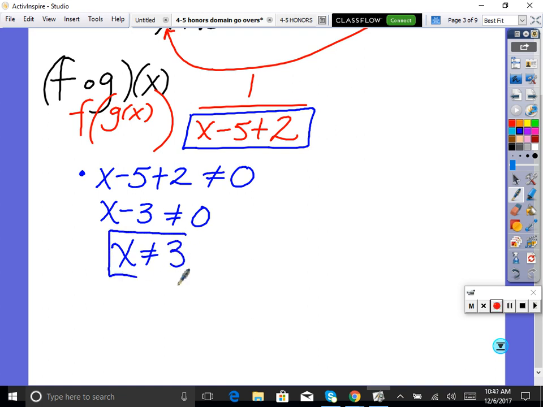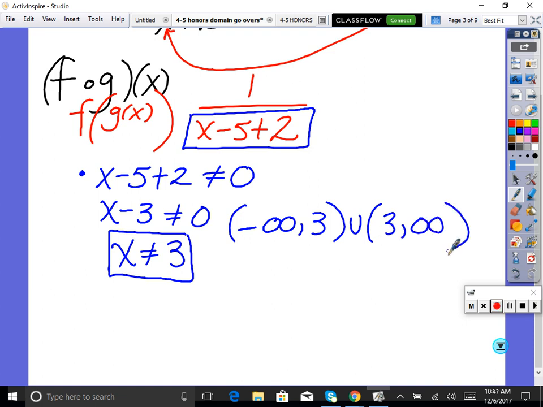Now think about it. To write that in interval notation, if that's the only x value we cannot use, we've got to connect all the other x values into this, correct? So we're coming in from negative infinity up to 3, not including 3, union, then after 3 we start again and go to infinity.